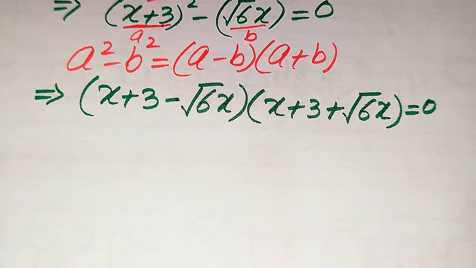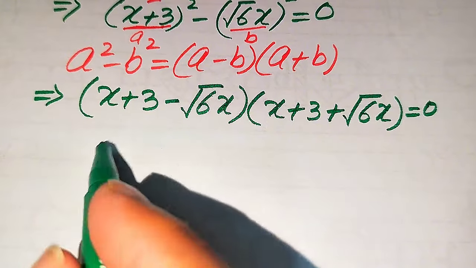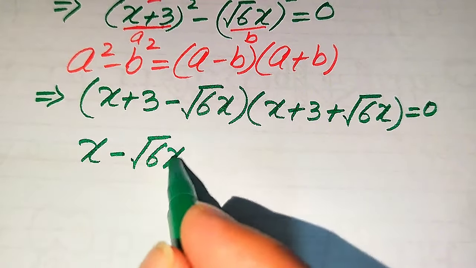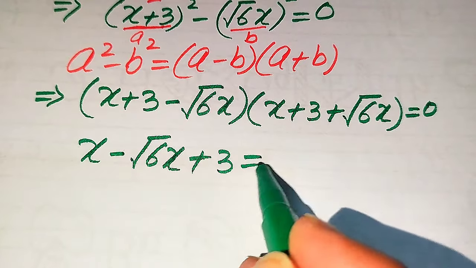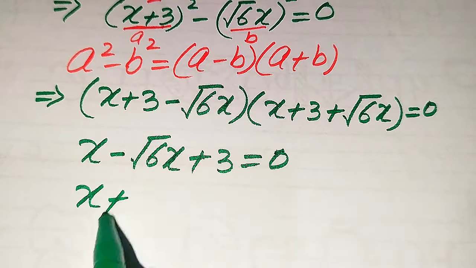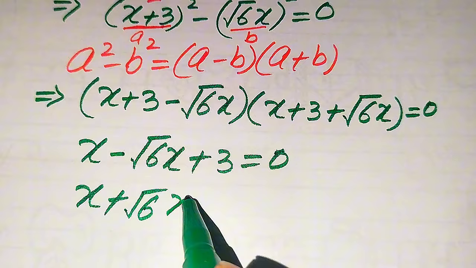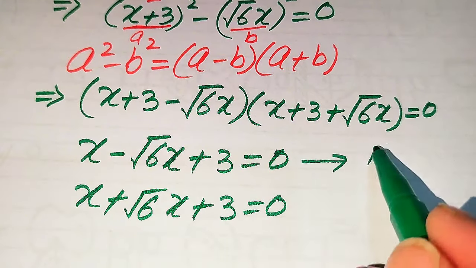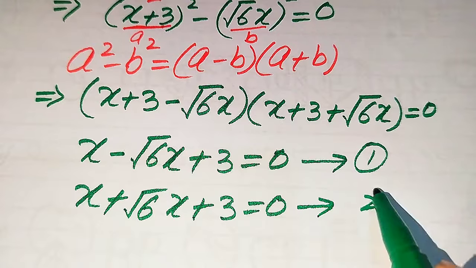So further we divide this equation into 2 cases. The first case is x square minus square root of 6x plus 3 is equal to 0, and the second case is x square plus square root of 6x plus 3 is equal to 0. So we call this our equation number 1 and this our equation number 2.